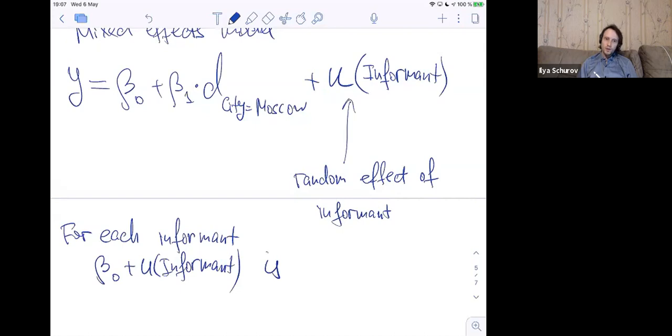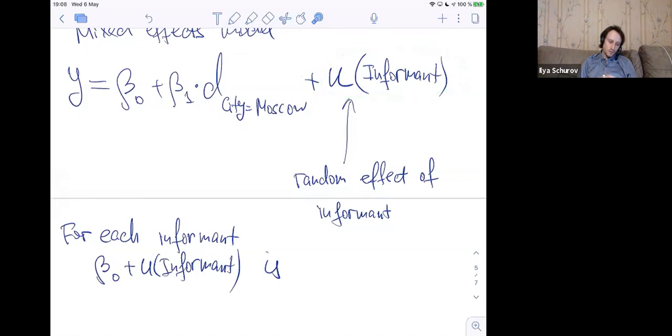I mean the following: there are some differences between informants that are explained by this variable, by different city, but also there are some differences between informants just in one city. And we capture this difference between informants in this variable.